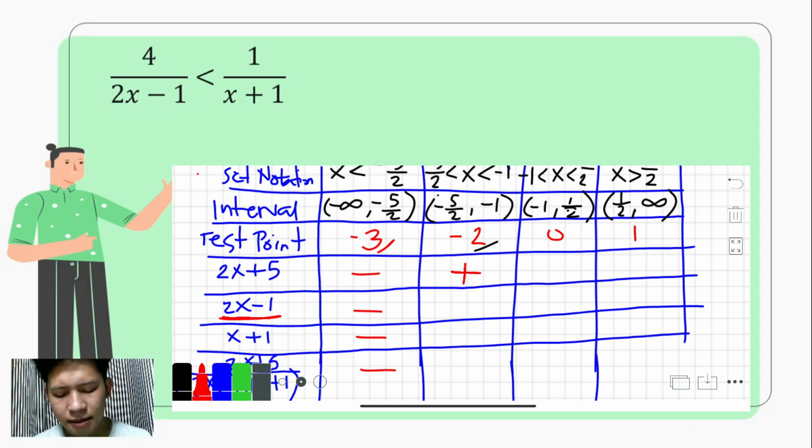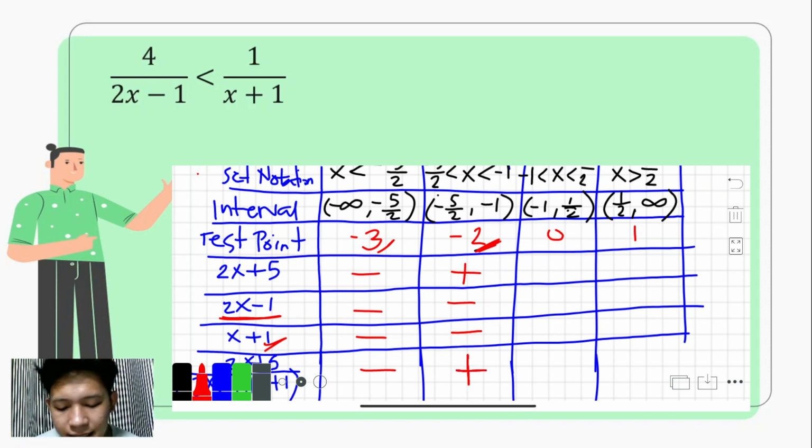Hence, that's negative. And lastly, substitute natin si negative 2 kay x plus 1. So, negative 2 plus 1, that would be negative 1. So, we have negative. And then, positive times negative, that's negative. And then, negative times negative, that's positive. Hence, our last sign would be positive.